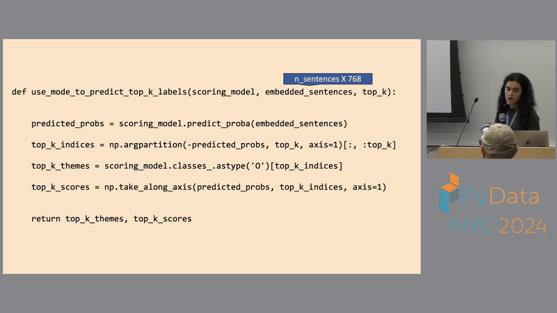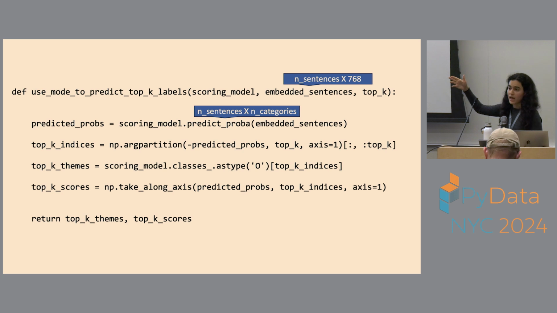So let's do some dimension analysis to make sure that at every step we're doing things the right way, but also gain some intuition with what we're doing in every step. So first, we're going to get the predictive probability using our logistic regression model on all of our embedded sentences. And so the output here is going to be n sentences by n categories. Now, intuitively, if you think about this, per sentence and per category, you have a probability of predicting that theme.